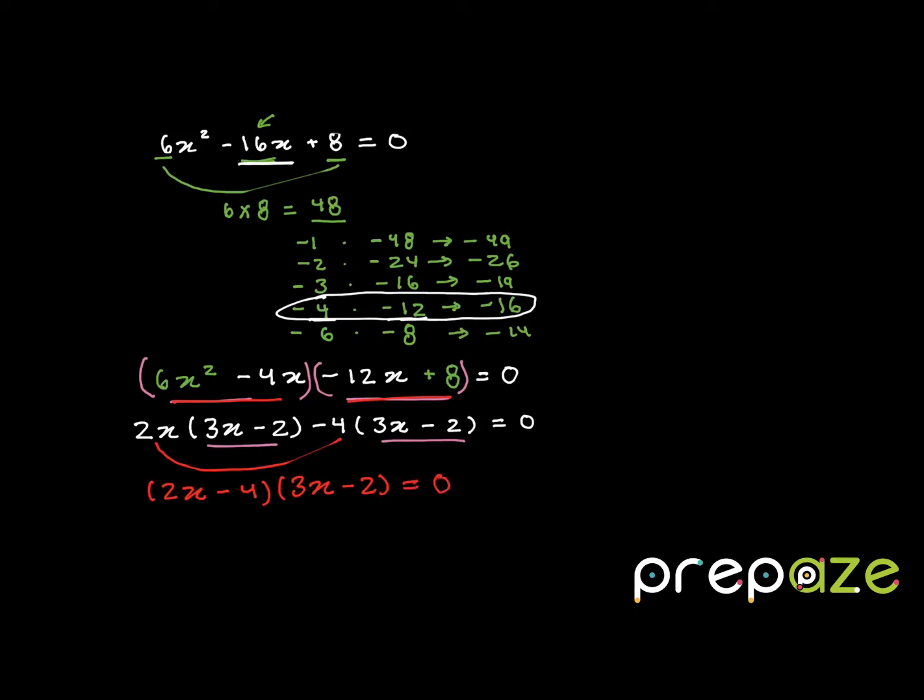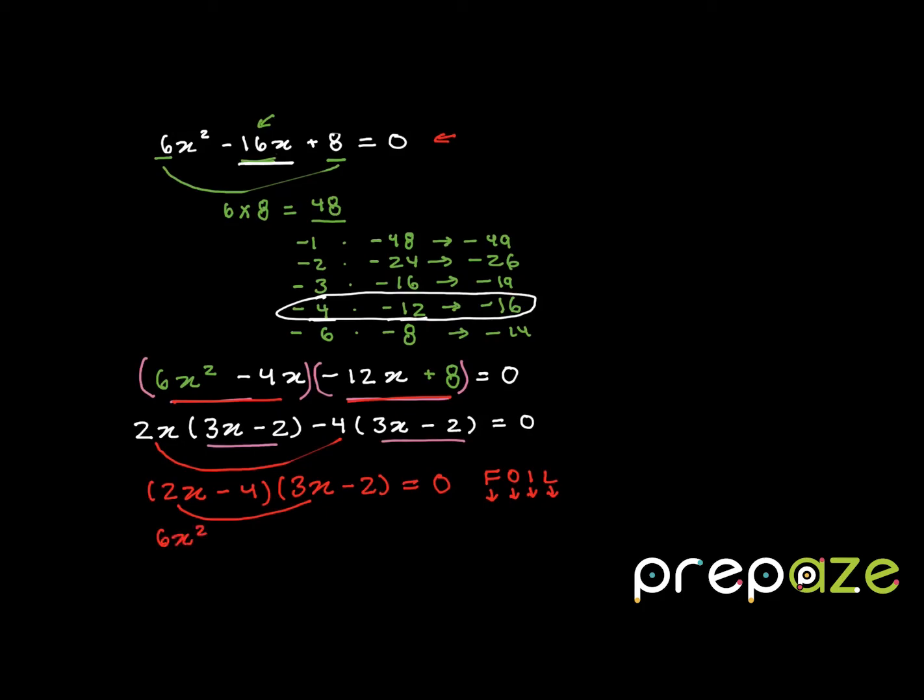And this is the completely factored form of 6x squared minus 16x plus 8. Now, just to verify, we can also multiply these terms out using the FOIL method, and we can see if we get back to our standard form. So for FOIL, we have to multiply the firsts, the outers, the inners, and the lasts. So I'm going to multiply the firsts. 2x times 3x equals 6x squared.